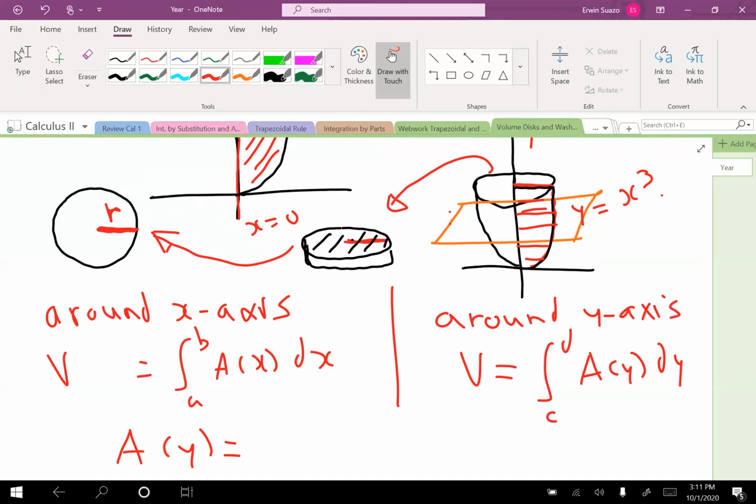In this case, since I'm rotating around the y-axis, my radius needs to be in terms of x. So my radius equals x. You see, this is the y coordinate, this is the x coordinate. So I need to solve here: instead of writing y equals x cubed, taking the cube root of both sides, I get cube root of y equals x.